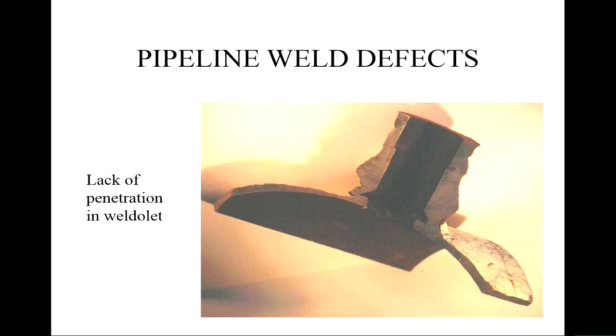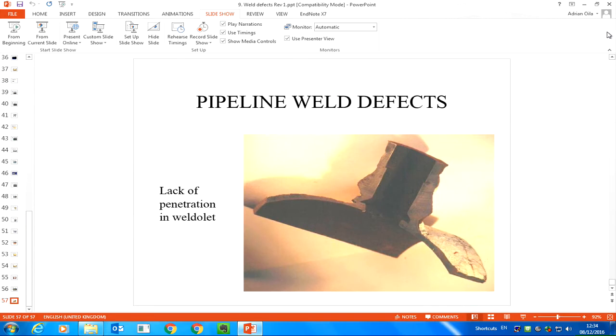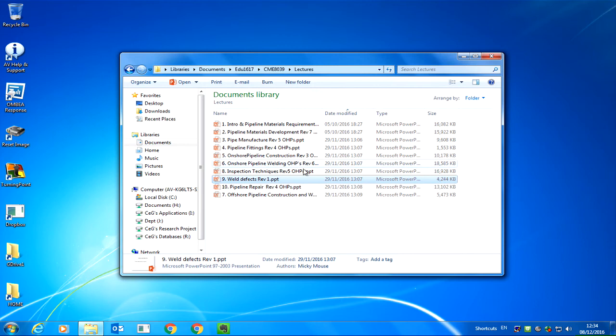This is the weld outlet here welded onto the pipe. We're looking at a cross section, so it has been cut all the way through. Okay, so I finished this, and I think I'm going to start the next lecture, which is repairs.